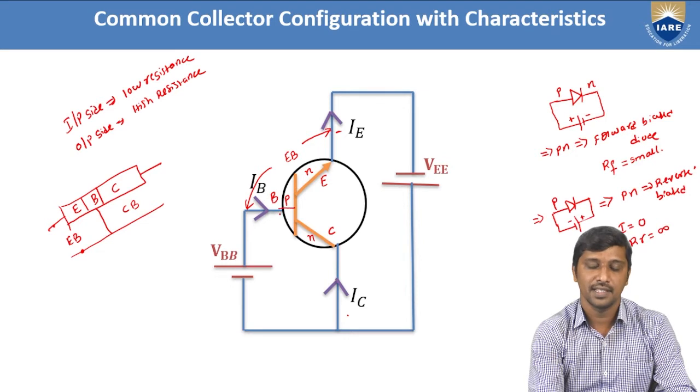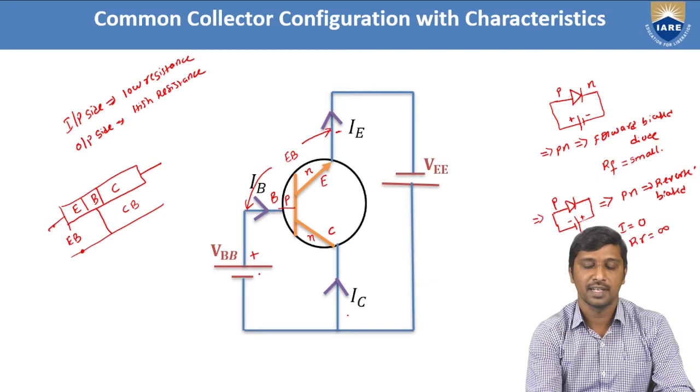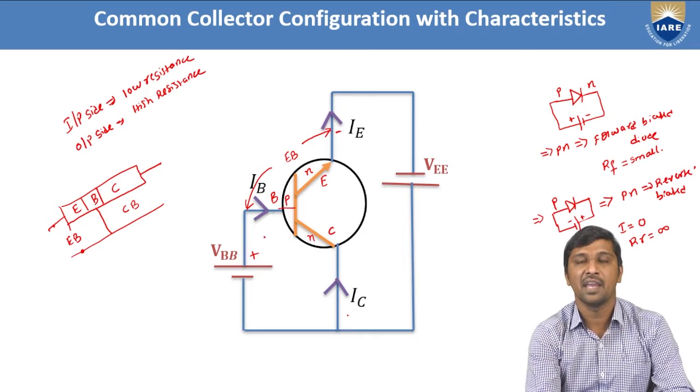Based on this configuration, the base is used as an input terminal, and the base is made of P-type material because the transistor here is an NPN transistor. Hence, the base is connected to the positive pole of the battery with respect to the emitter material. Then this input junction, the emitter-base junction, becomes forward biased.